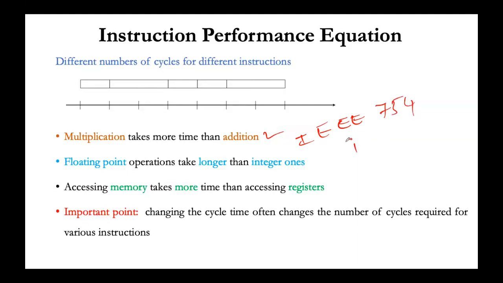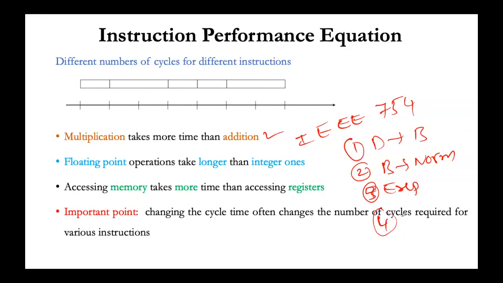first we converted the decimal number into binary. Then in the second step, this binary number is normalized. Then in the third step, we calculated the exponent. Then in the fourth step, we represented this floating point number.